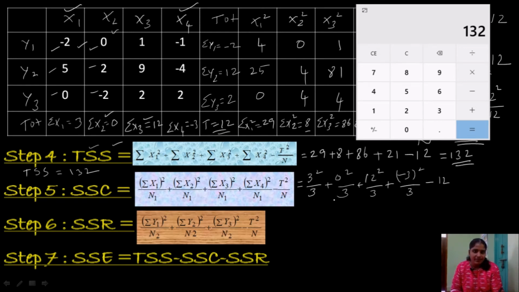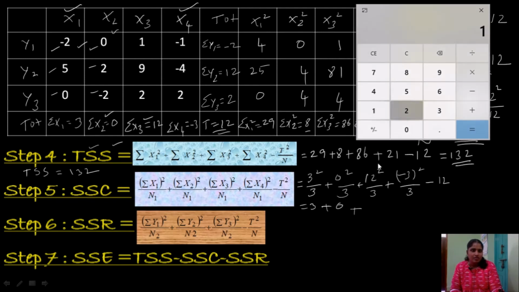So by simplifying this we get 3 square by 3, that is 3, plus 0. 0 by anything is 0 itself, plus 12 square by 3, that is 12 square is 144. If we divide that by 3 we get 48. So 48 plus minus 3 square by 3, which is nothing but 9 by 3, so we get 3, minus 12.